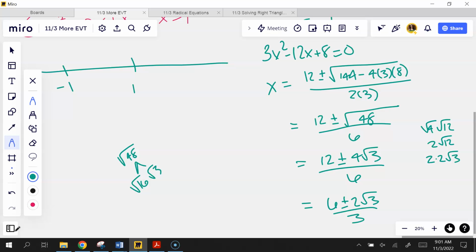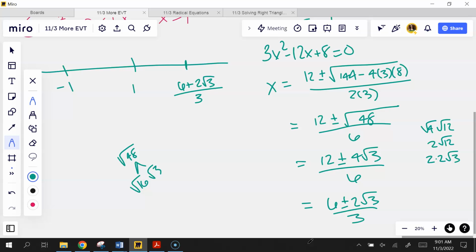A little more than 3, because that would be 2 plus. Almost 4. If you have your calculator, I don't know. It's definitely going to be over here though. 6 plus 2 root 3. I'm assuming this is a calculator problem, or is it not? It's not.